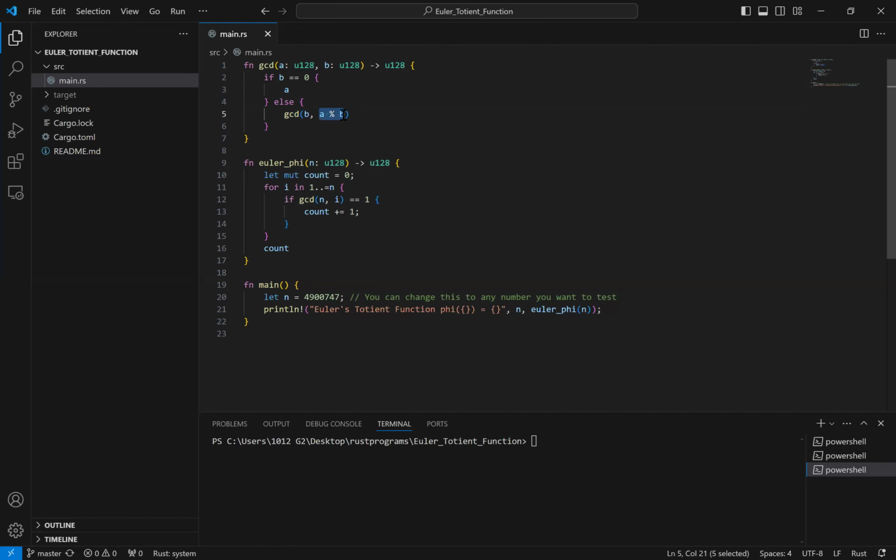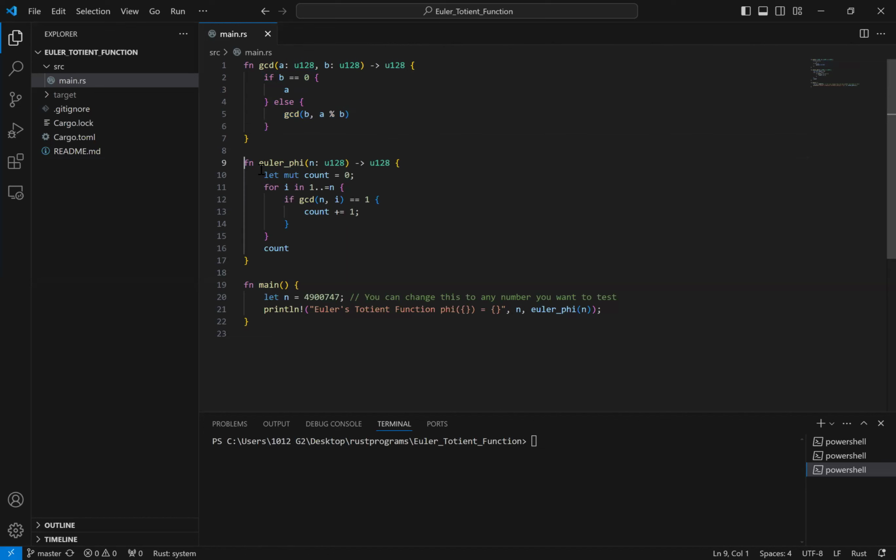I showed you how the GCD is calculated. It's normally this remainder until b becomes 0. So when b becomes 0, a becomes the GCD, just as it has said here.